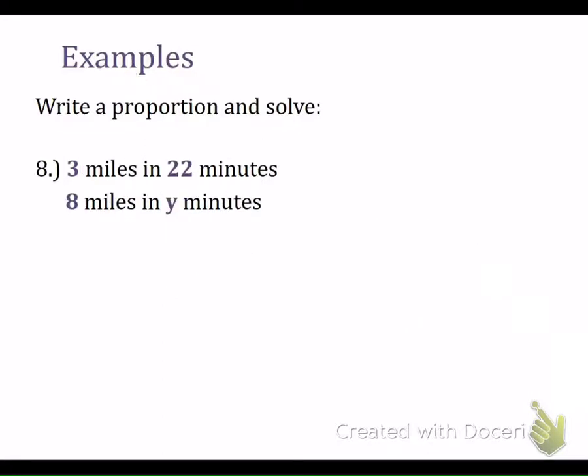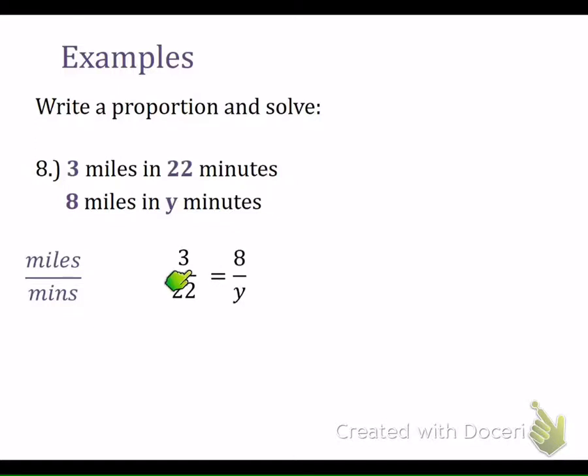All right, here is number 8. So we're going to write a proportion. We're going to solve 3 miles over 22 minutes. What would my first ratio look like? 3 over 22 equals 8 over y.